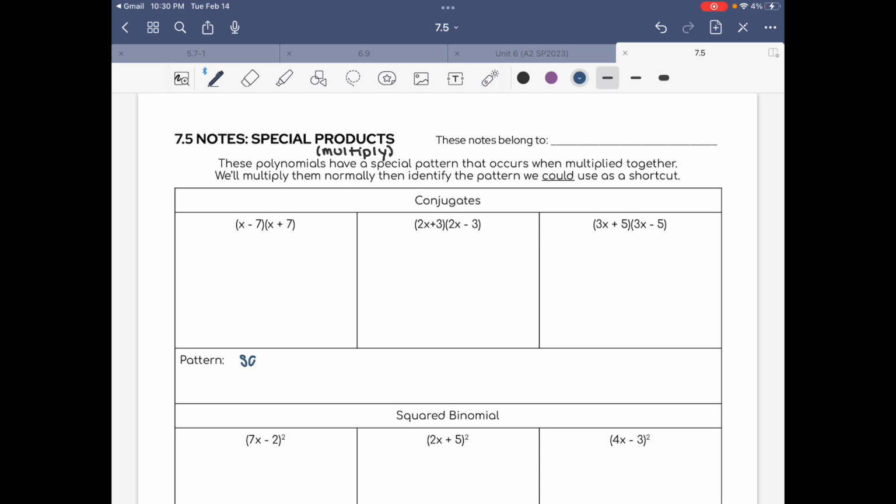So the part of the pattern that we're going to start with is you have the same numbers inside parentheses, except the sign in the middle is opposite. And I'm going to go ahead and leave that up there for a second, and then I'm going to zoom in and do the first problem with you in just a second.